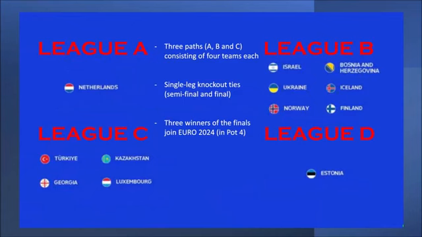We have selected 12 teams, and now those 12 teams will form 3 paths consisting of 4 teams each, and they will play single leg knockout ties, 2 semifinals, 1 final for each path, so we have 3 winners. At the end they will join Euro 2024.